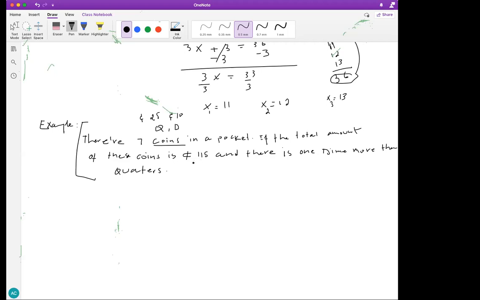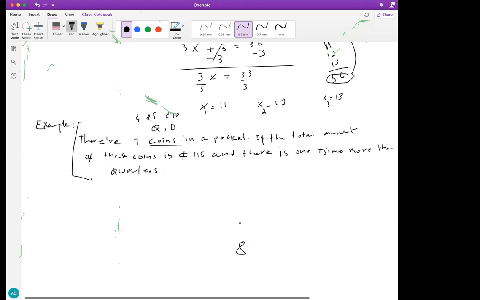We have some clues. There are 7 coins in a pocket. The total amount of these coins is 115 cents, and there is 1 dime more than quarters. For example, if there are 8 quarters, the dimes are 1 more than the quarters, so the dimes will be 9.